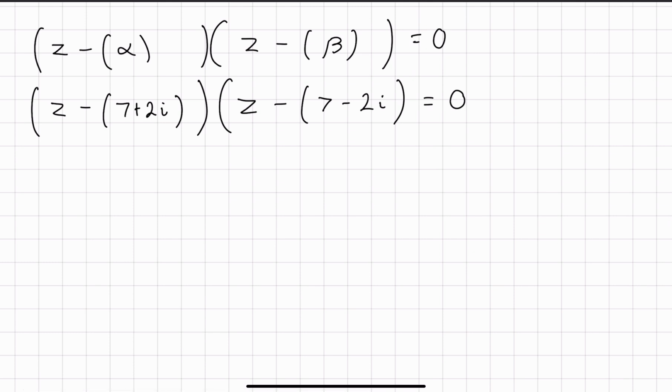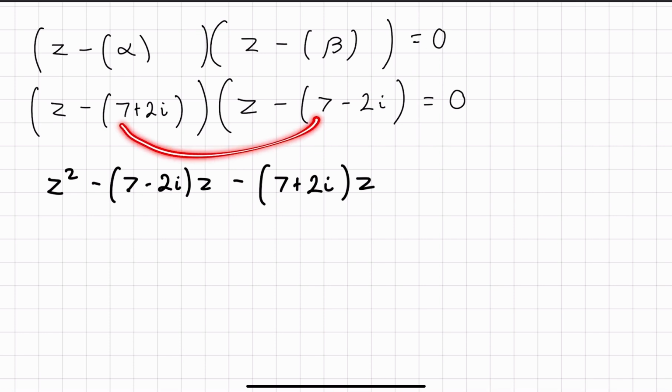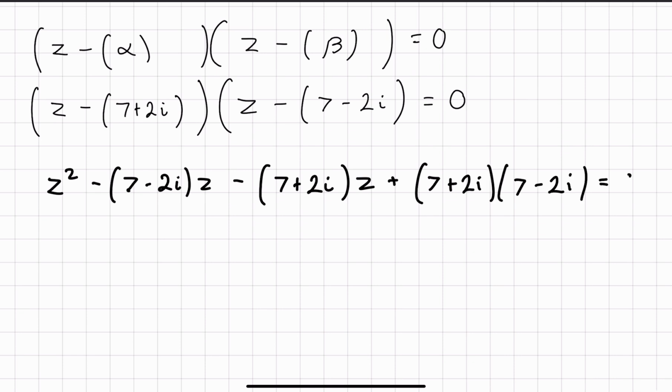So we're going to get z squared, and then minus 7 minus 2i times z, and then same idea here, minus 7 plus 2i z, and then we got two negatives multiplied, so we can plus 7 plus 2i times 7 minus 2i equals 0.